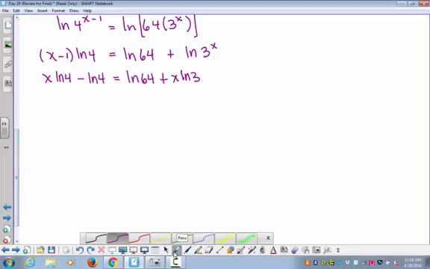So we'll move those guys left that have an x. On the left, we factor the x out.